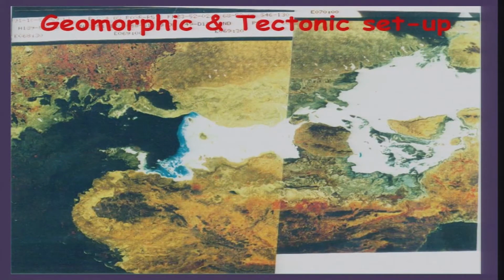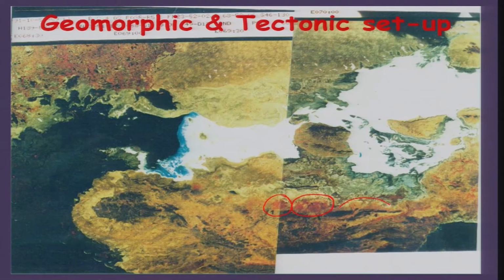Now, for example, this is a false color composite satellite imagery of the Kutch region, which I wanted to show you. If you see, there are different colors and different landforms. There are a few areas marked by red here.